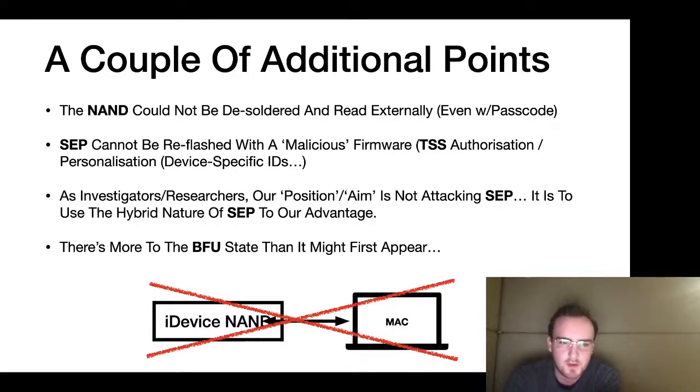So another important point, the SEP cannot be reflashed with a malicious firmware. Apple uses a process called TSS authorization. They use public key authentication in order to sign installation requests. On the silicon, Apple's public key will be written to the device, and that cannot be modified.